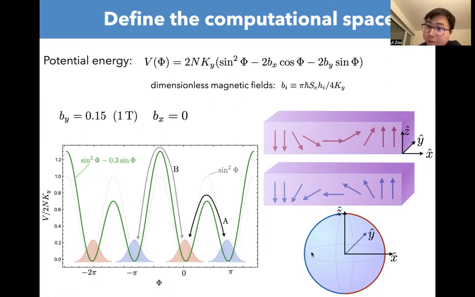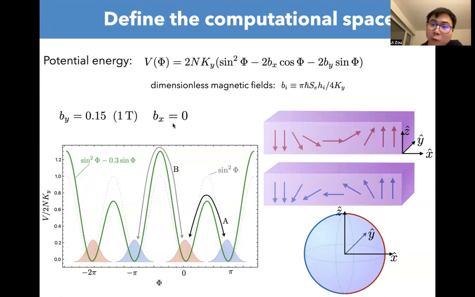And we should notice that the effect of this By is just to suppress the energy barrier at phi equal to pi over 2, and increase the energy barrier at phi equal to minus pi over 2, such that the tunneling rate of process A is exponentially larger compared to process B. Physically, it also makes sense because when you apply a magnetic field in the y direction, all the spin textures would prefer to tunnel through the positive y-axis, right?